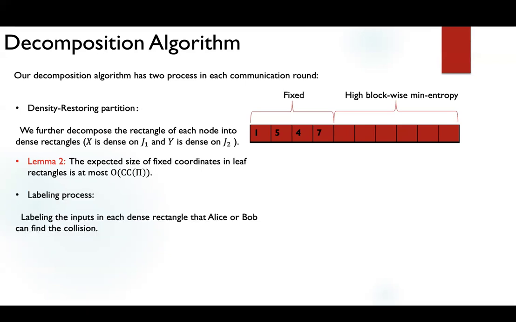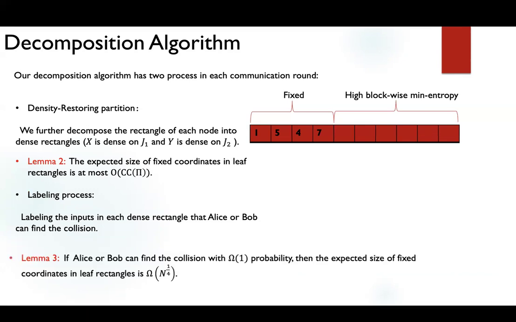The second one is the labeling process. The labeling process labels the inputs in each dense rectangle on which Alice and Bob can find the collision. We use it to prove the upper bound of the success probability of Alice and Bob finding a collision.